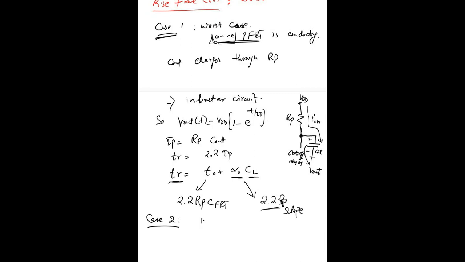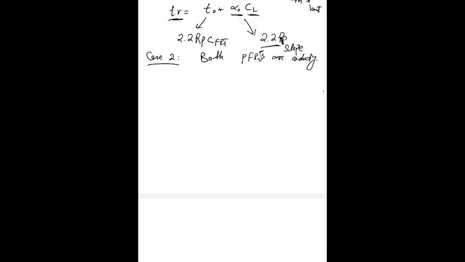if we consider both PFETs are conducting, what would happen then? If both MOSFETs are conducting, the equivalent circuit would be like this.